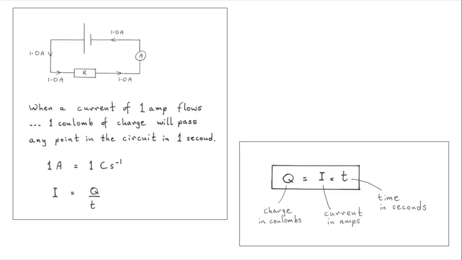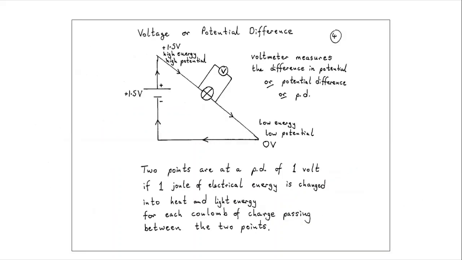The symbol we use for current is I, from the French intensité. I equals Q over T, where Q is the symbol we use for charge, and T is time. On the right-hand side, Q equals I times T. Also an equation that's well worth remembering.